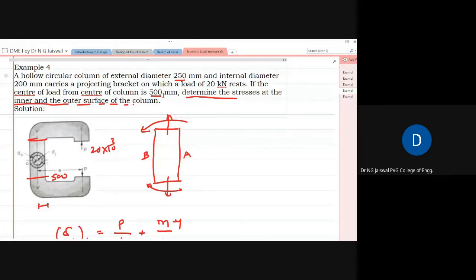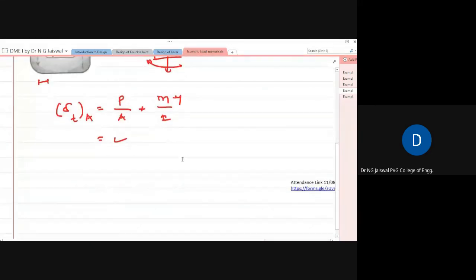With respect to this C shape, the inner surface actually is this one, and with respect to the bending effect, the inner surface is A. I find this confusion in the statement. So in such cases, do not write inner or outer, simply write sigma T at A and sigma T at B. The examiner will take care of which one is inner and which one is outer.